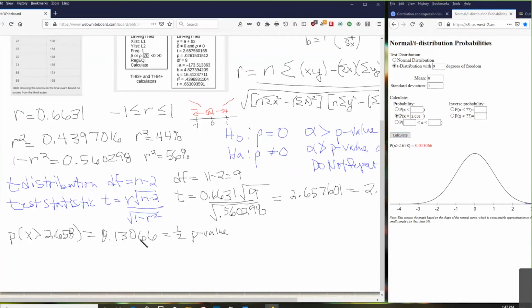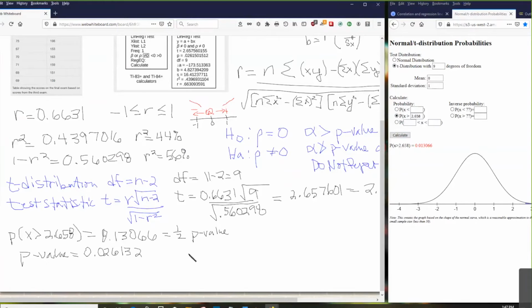In order to get my p-value, I'm going to multiply this number by 2, and that gives me a p-value of 0.026132.